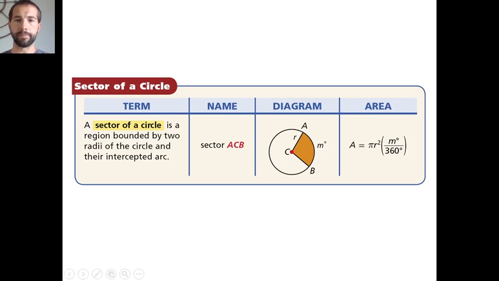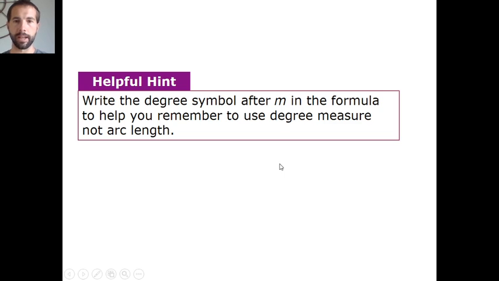So here's our formula: pi times the radius squared, which is the area of the whole circle, and then times m degrees, which is the fraction, over 360, which is the whole circle. So the fraction would either be right here on this arc, or the fraction would be in here. This is called a central angle. So you want to either look for the number right here or the number right here, and it would be a degree. So let's look at some examples.